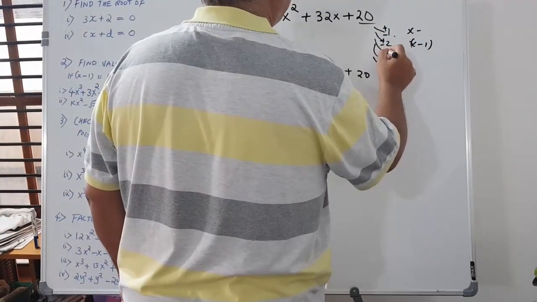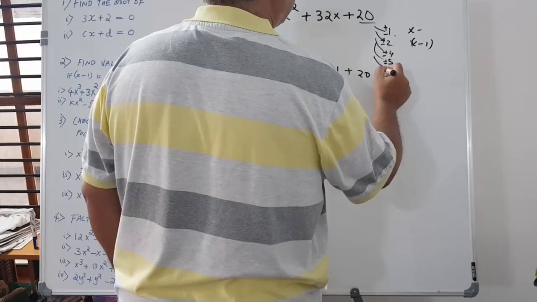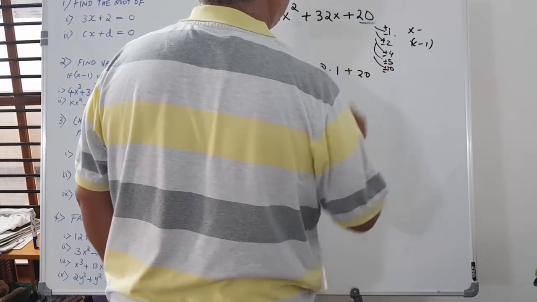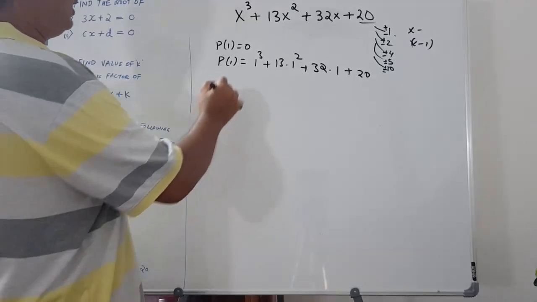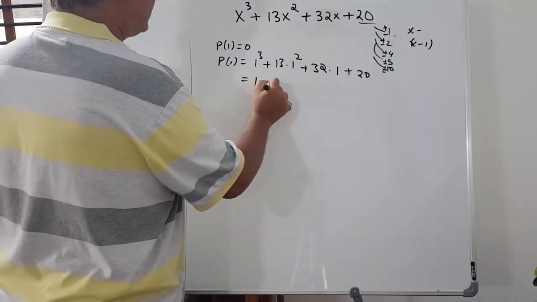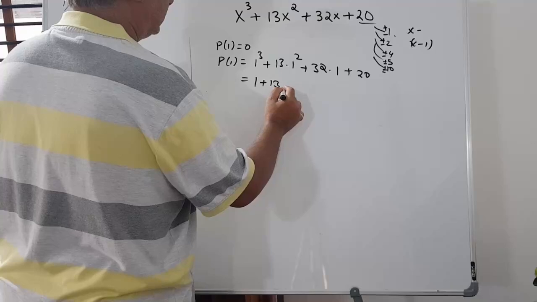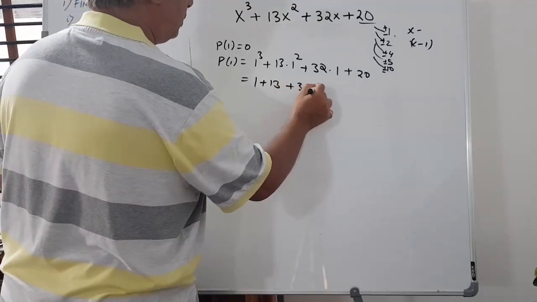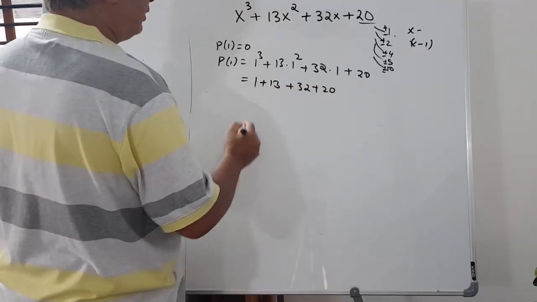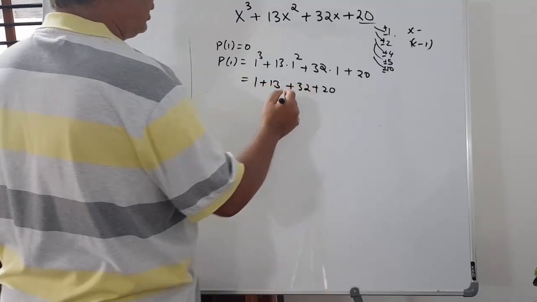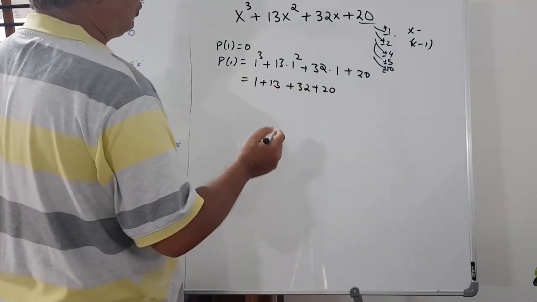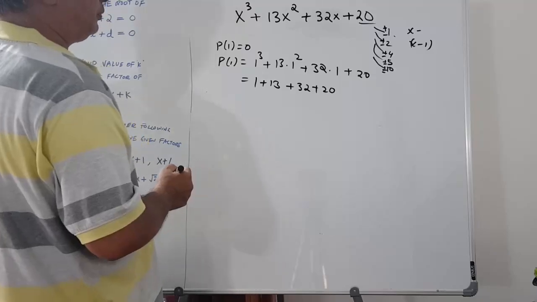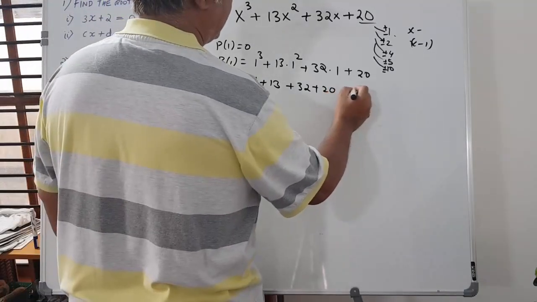Clearly you are getting 1 plus 13, plus 32 plus 20, which is equal to 14. 14 plus 20 is 34. 34 plus 32 is 66.